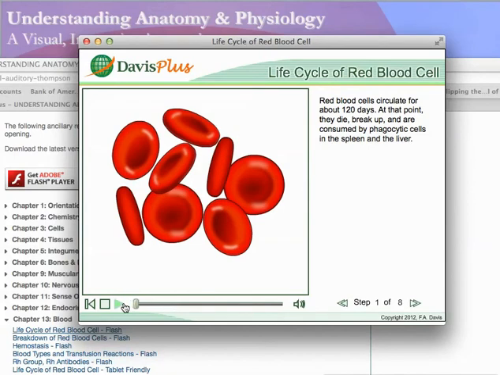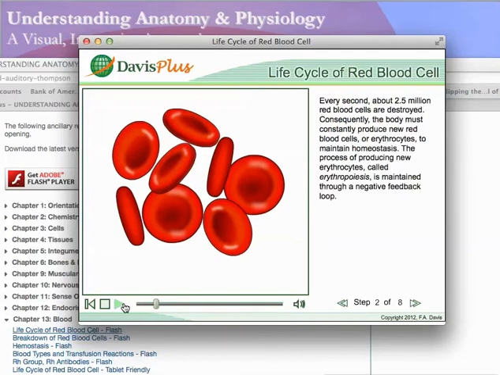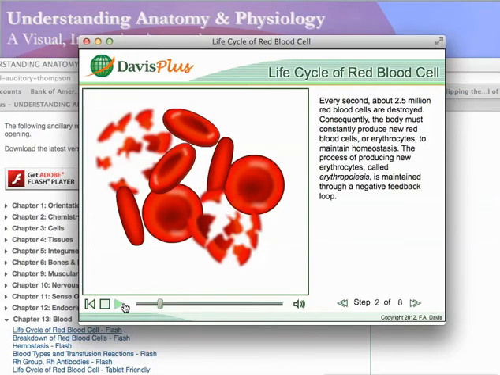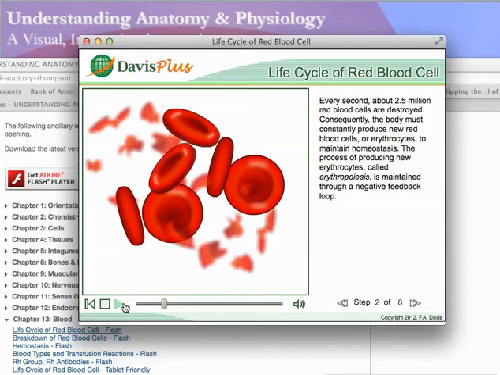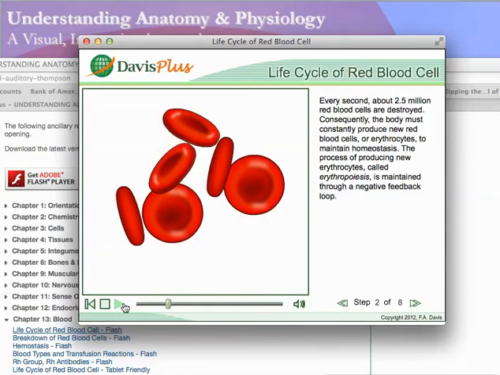Red blood cells circulate for about 120 days. At that point, they die, break up, and are consumed by phagocytic cells in the spleen and the liver. Every second, about 2.5 million red blood cells are destroyed. Consequently, the body must constantly produce new red blood cells, or erythrocytes, to maintain homeostasis.